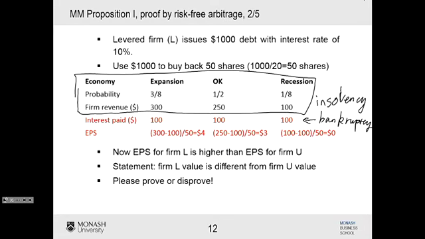What exactly is insolvency? Think about this one. From the ex-ante point of view, we can think about the economy as either in expansion or okay or in recession. But in the same year, the economy is either or, not both. Think about the worst kind of scenario. It's in the recession. The revenue has all gone to pay the interest.